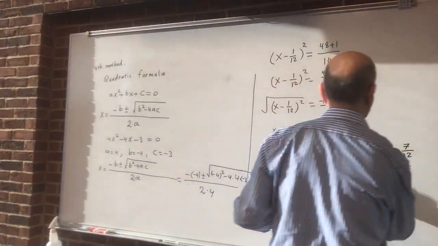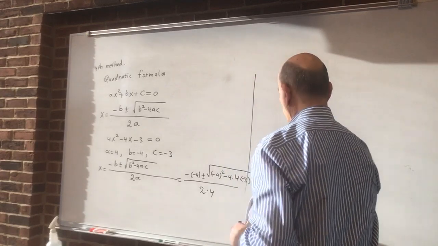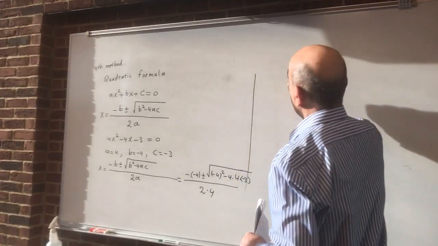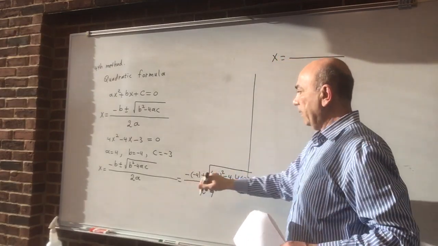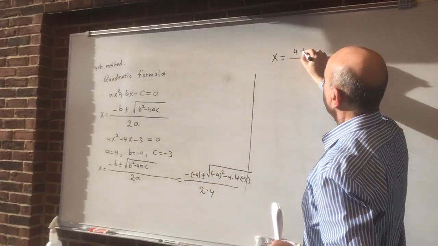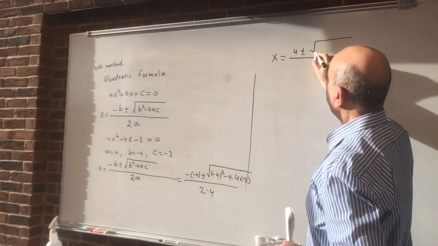Simplify. So x equals, negative times negative is positive. B squared, negative 4 squared is positive 16.